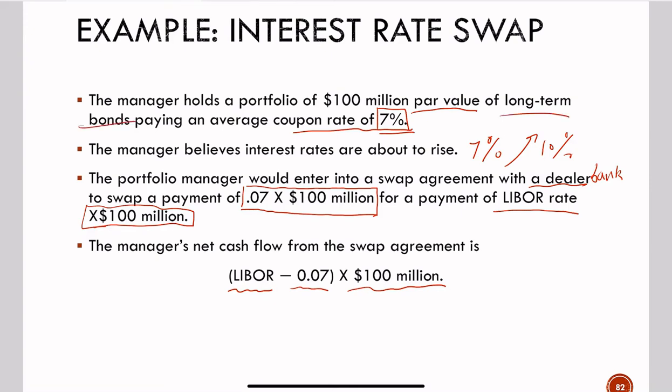So essentially, if you have a 10-year bond, and this bond will pay 10 annual coupon payments, then in this swap agreement for this 10-year bond, this agreement will actually have 10 periods. Right? So this is obviously different from a futures contract, which will only last for one period.